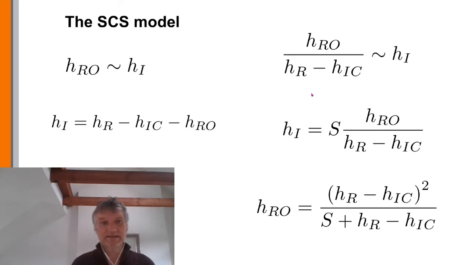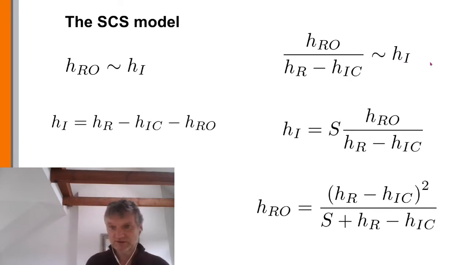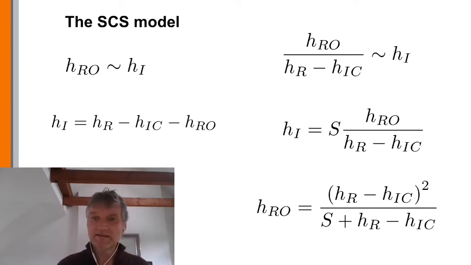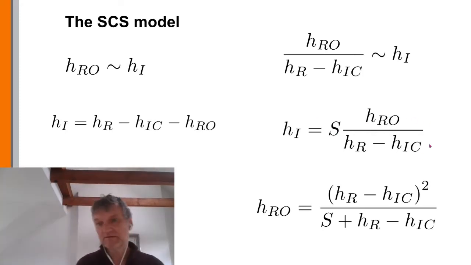So then the runoff side is made without units by dividing it by the total effective rainfall height. So runoff by the total effective rainfall height, which is this, is proportional to the infiltration rate. And finally, we make this proportionality into an equation by inserting a proportionality constant, which is called S. Here the infiltration rate is this proportionality constant times runoff rate divided by effective rainfall height.